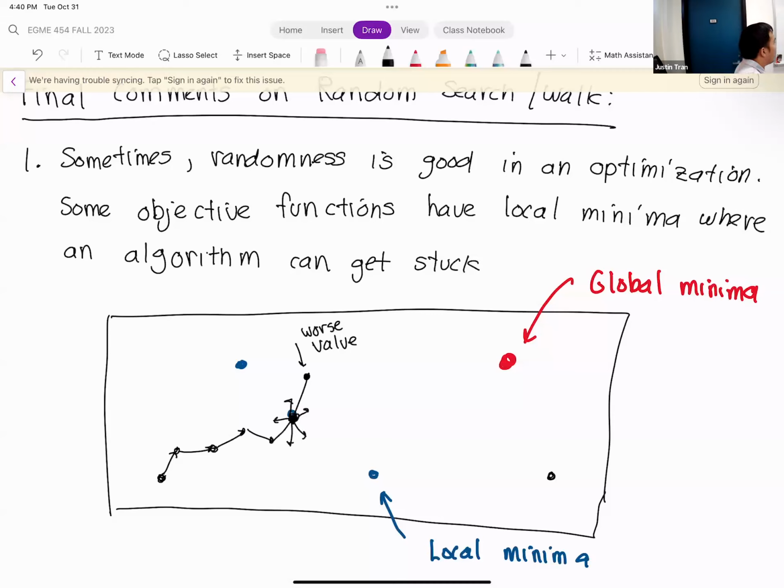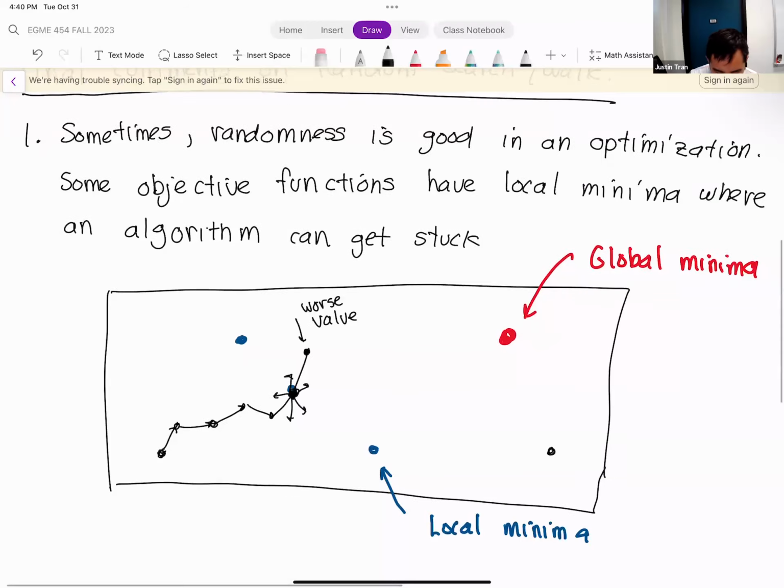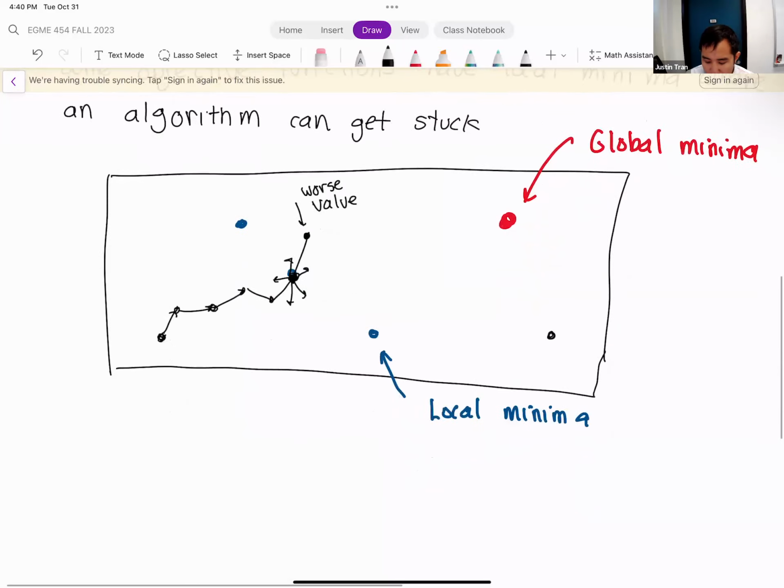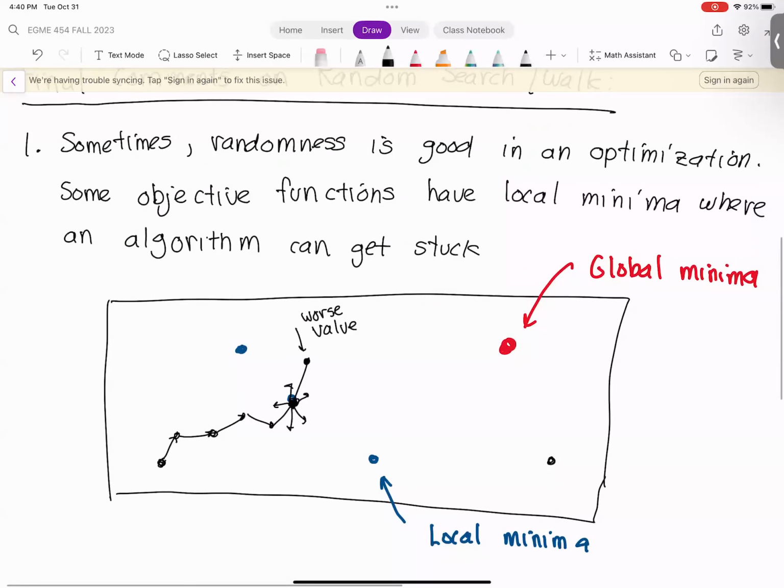Random walk is susceptible to getting stuck, but because of its randomness, it can randomly break out. But actually, the best thing to do when you're stuck is to do straight up Monte Carlo and just jump wherever you can. So that's one good thing about randomness. Many other algorithms that you might see may not be purely random like these ones, but they incorporate some randomness to help with some of these problems.